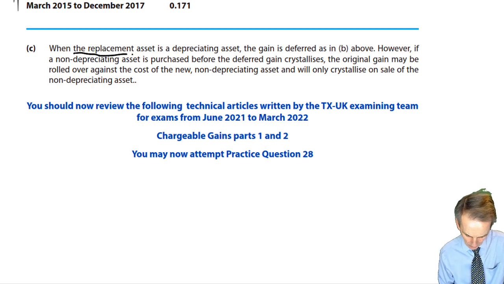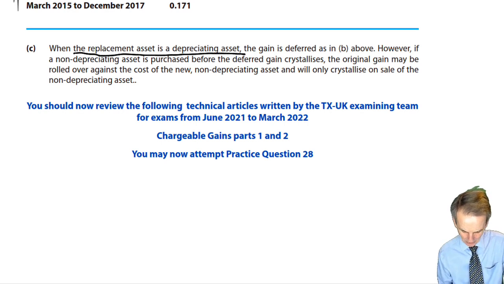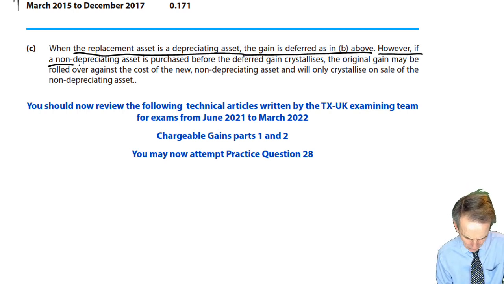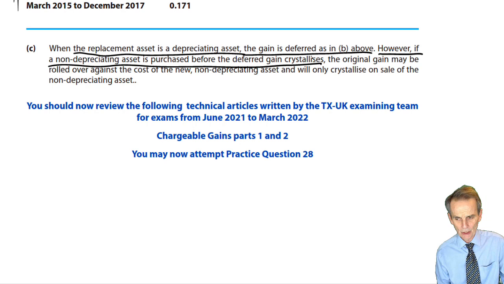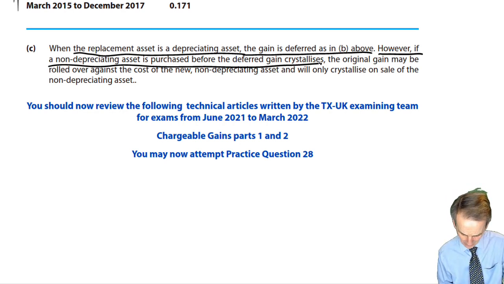We've seen what happens when the replacement asset is a depreciating asset. The gain is deferred, as we've just seen. However, if a non-depreciating asset is purchased before the deferred gain crystallises, so that's got to be within 10 years of the acquisition date there, because that's the latest point at which the deferred gain would crystallise.